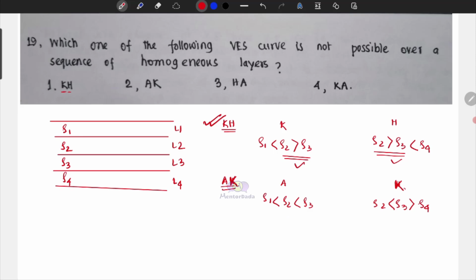So for this situation, these two are similar, so AK is possible.